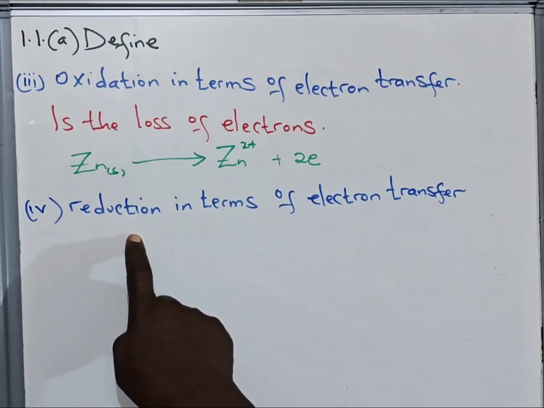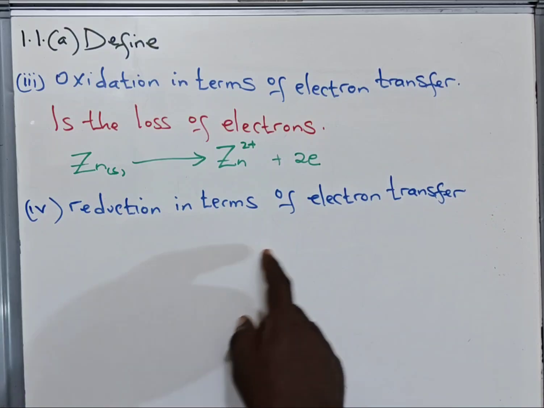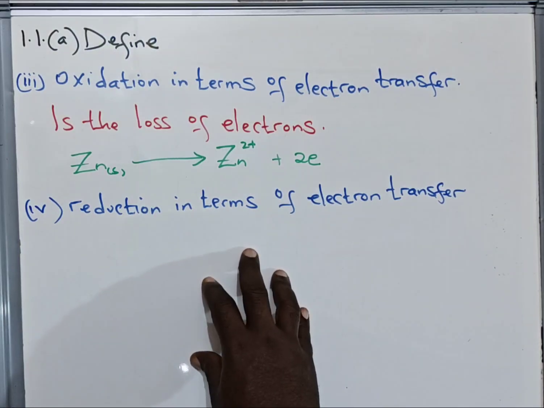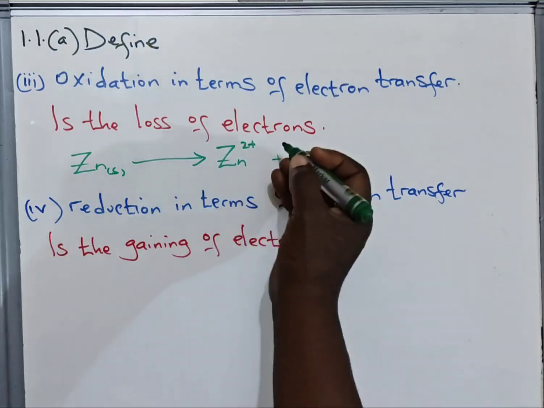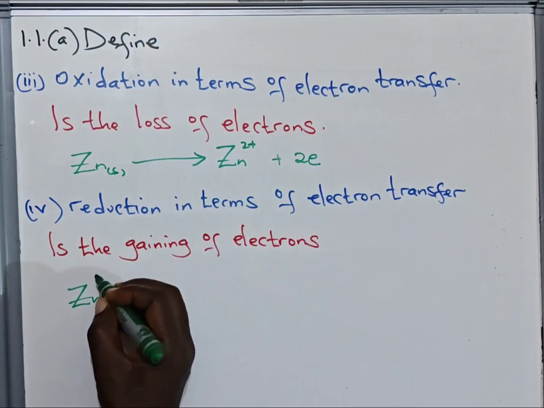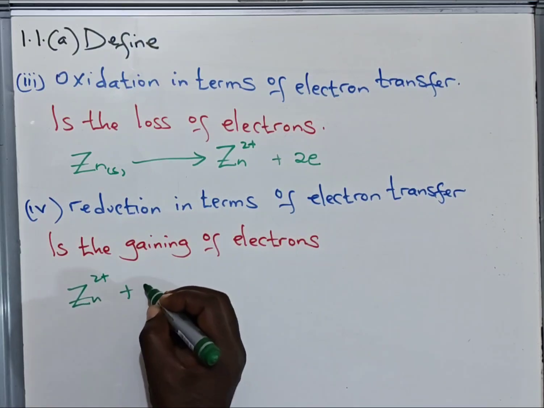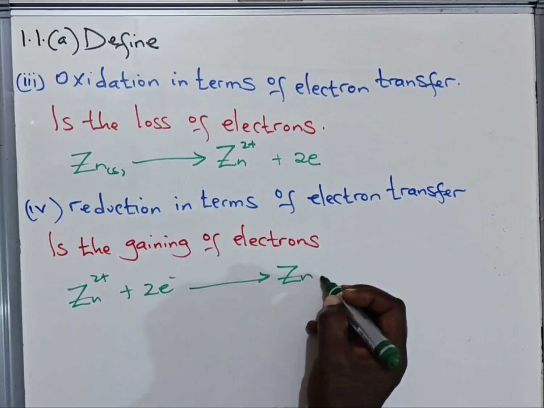Then we come to this one. Define reduction in terms of electron transfer. What is it? This is the gaining of electrons. The example in this case, suppose we have zinc ions, and if this zinc ion takes up 2 electrons, it will become zinc solid.